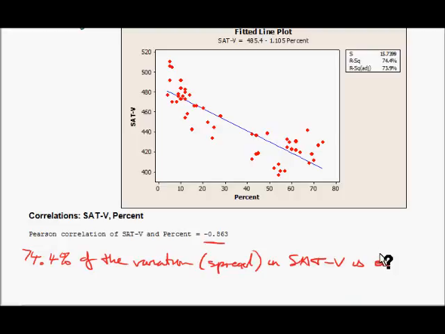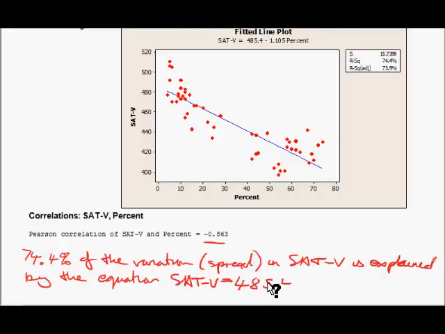is explained by the equation or model SAT verbal equals 485.4 minus 1.105 times percent.